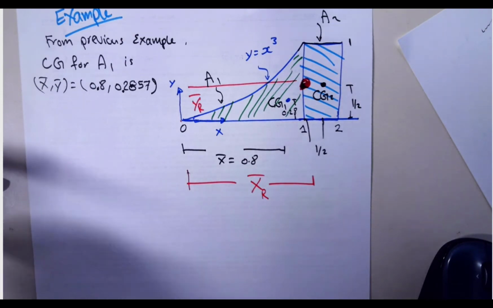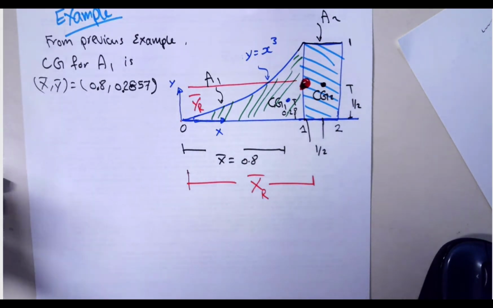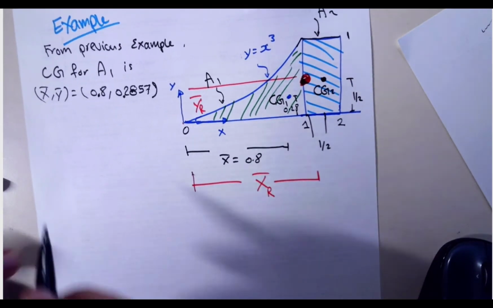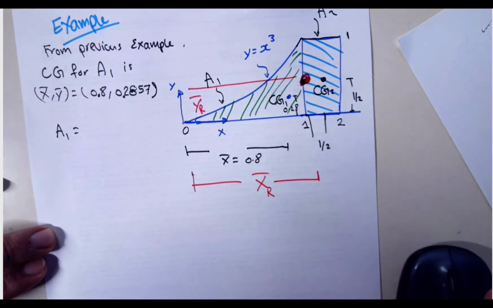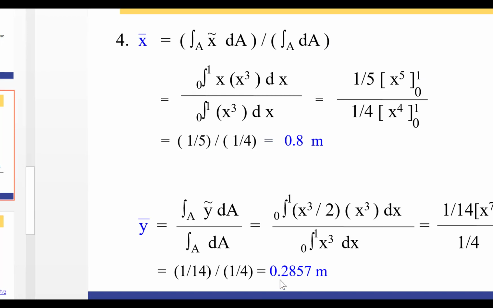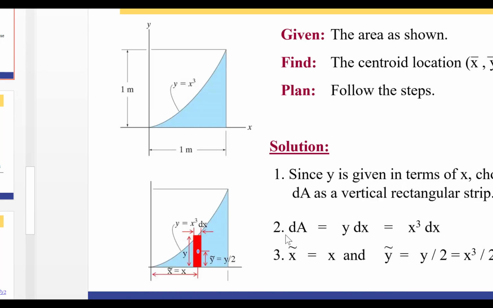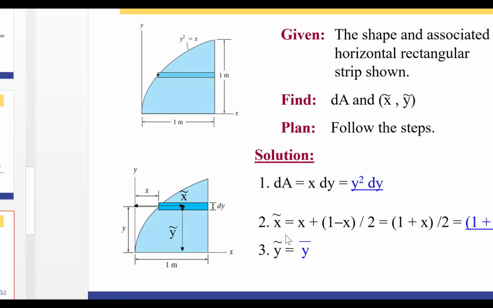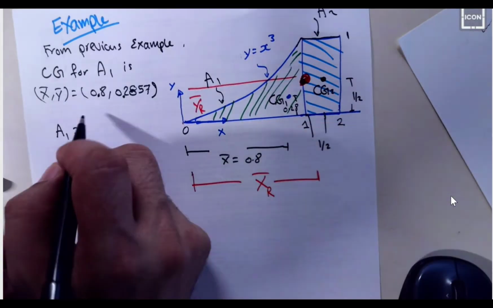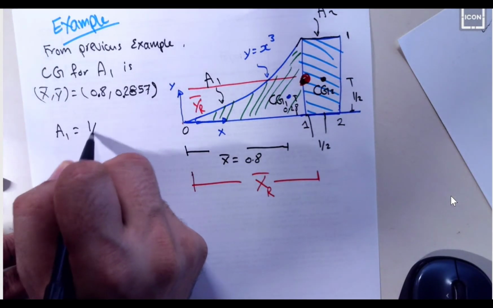Alright, also we figured out from the last analysis that the total area for the first area was equal to 1 over 4, right? So 1 over 4.